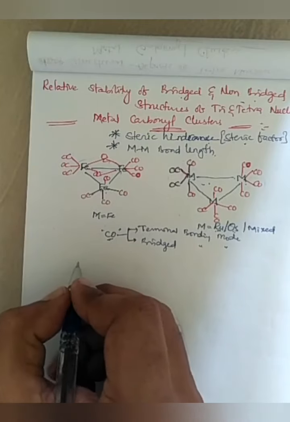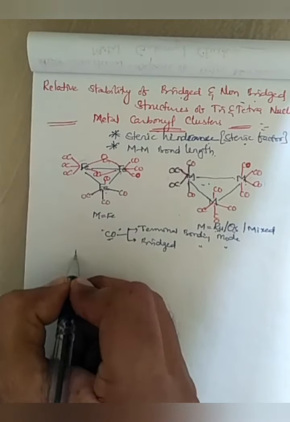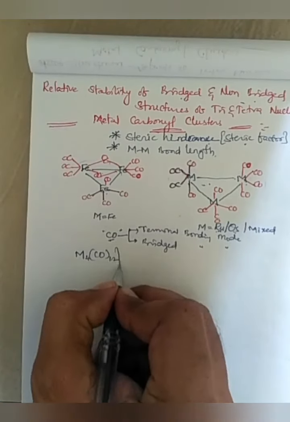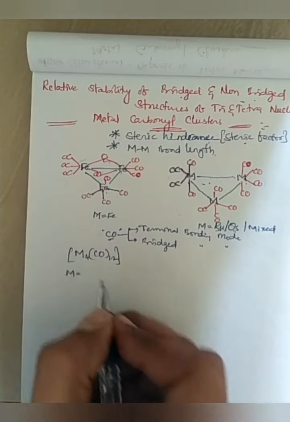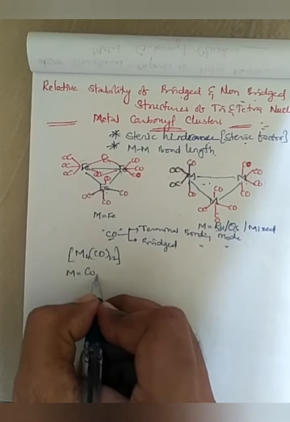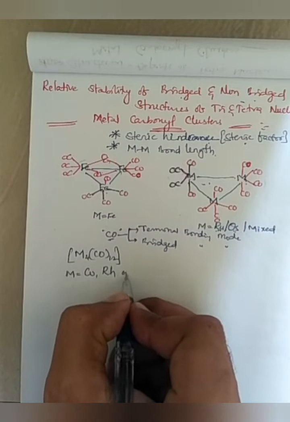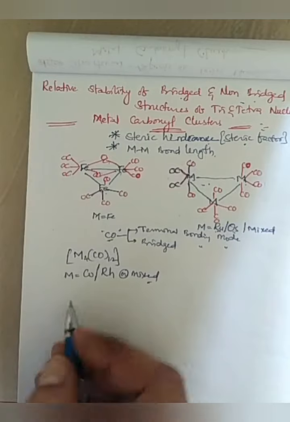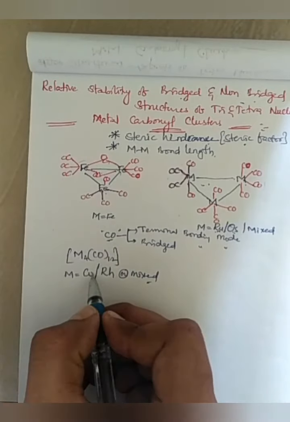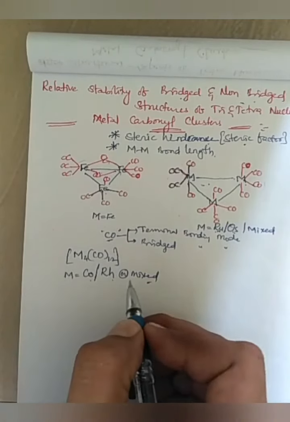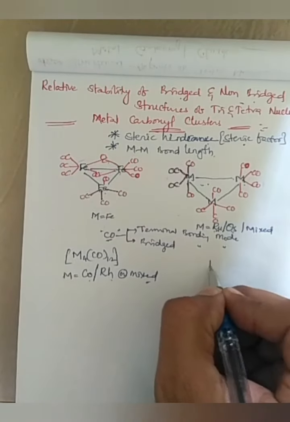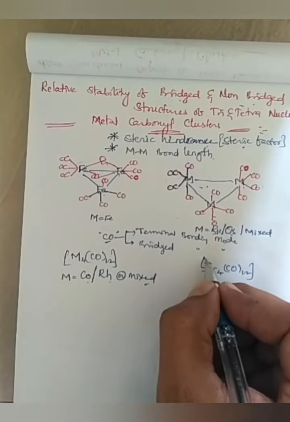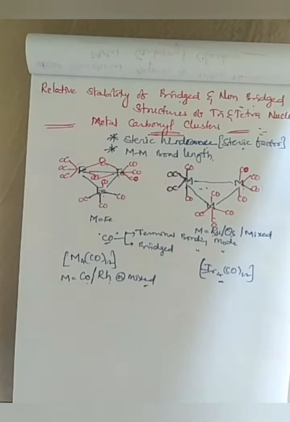In the tetranuclear metal carbonyl cluster also, the metals are cobalt and rhodium, or mixed metals. Here, cobalt and rhodium are smaller metal atoms when compared with the iridium cluster, dodecacarbonyl tetrairidium.